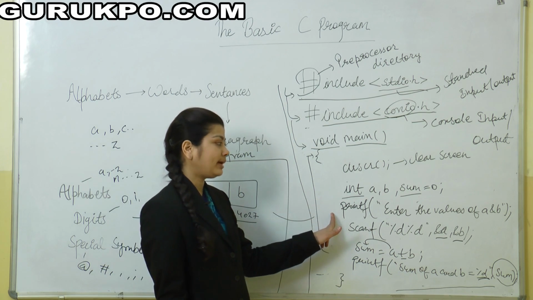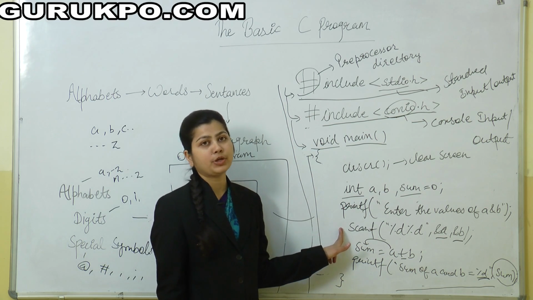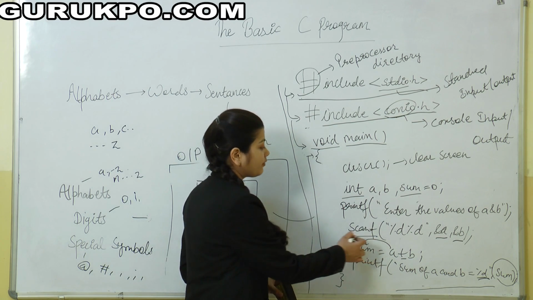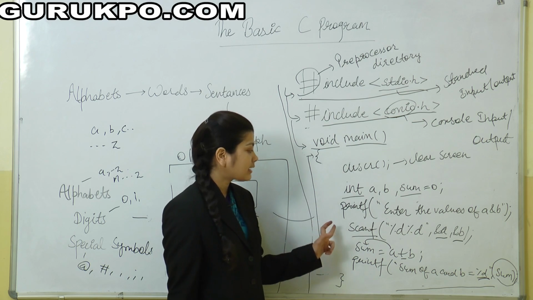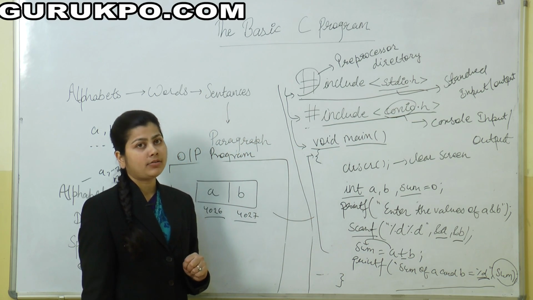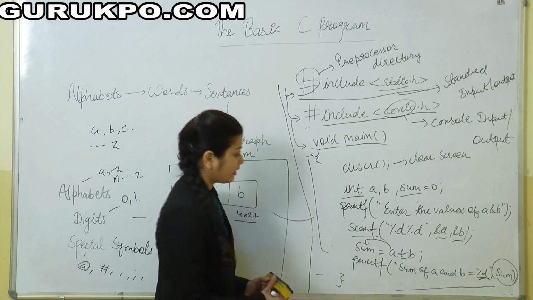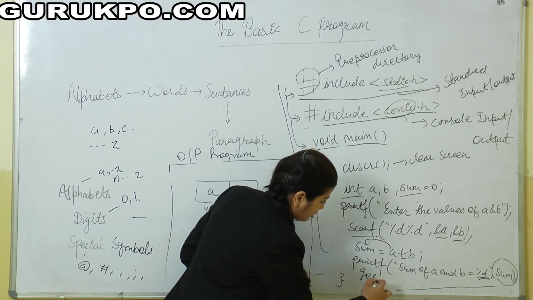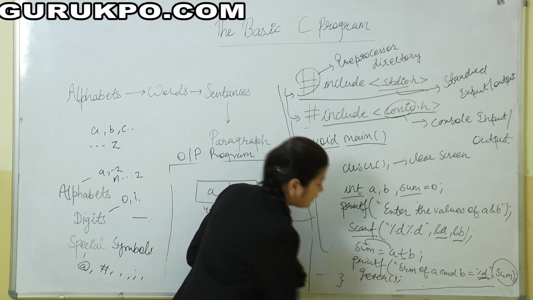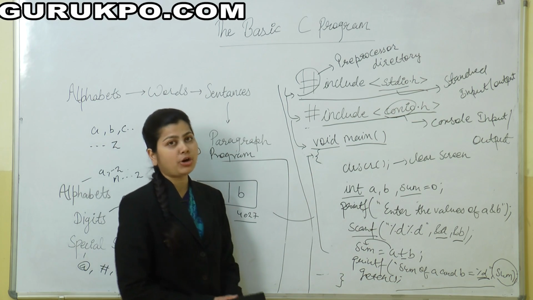After that we write the printf statement, enter the values of a and b, and then we take the input from the user by using the scanf function. The printf and scanf functions are defined in the stdio.h header file, and the clrscr and getch functions are defined in another header file, which is conio.h, console input output.